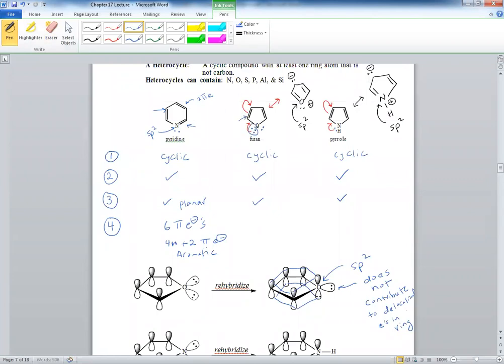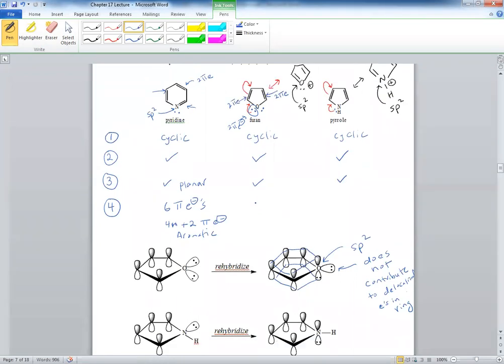Here's one lone pair, so that's 2 pi electrons. You can pick either one, but you only pick one. That's 2, and that's 2. So this now also has 6 pi electrons, and again, that would be aromatic as well.